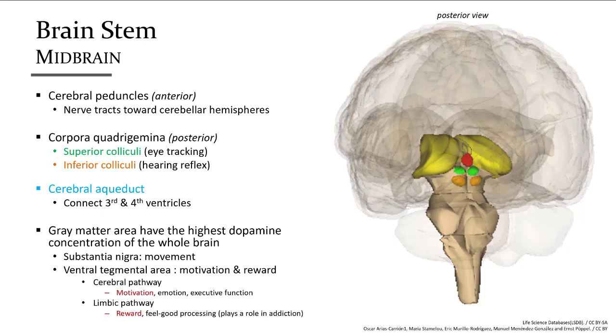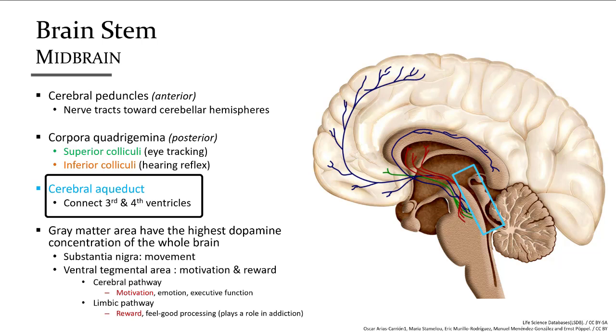Through the center of the midbrain is a tunnel called the cerebral aqueduct, which allows the cerebrospinal fluid to travel from the third ventricle to the fourth ventricle. Anteriorly within the midbrain are two gray matter regions called the substantia nigra and the ventral tegmental area. The substantia nigra plays a role in motor function.